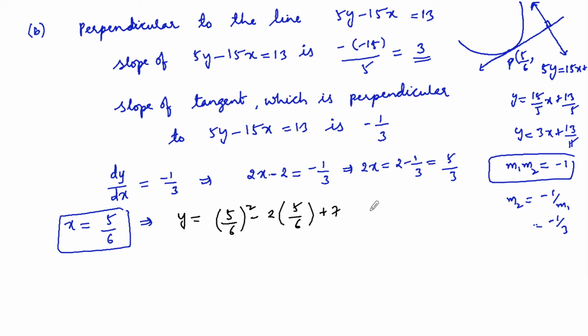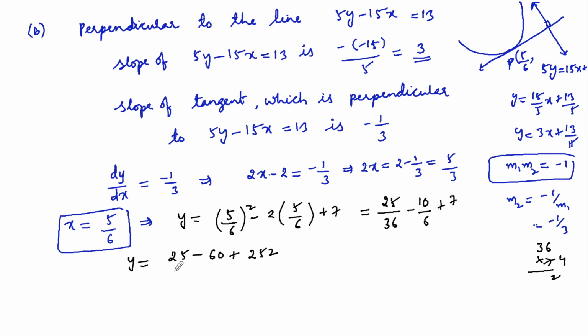So we have y is equal to 25 by 36 minus 10 by 6 plus 7, or else we can write it as 25 minus 60 plus 252 upon 36, since 36 times 7 is 252. So 252 plus 25 is 277, minus 60 is 217, so we have 217 upon 36.